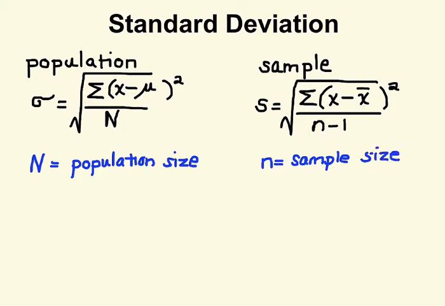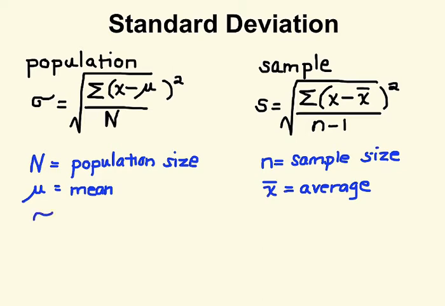In our population, mu is our average value, or I should write mean, which means average. That's our mean, the average for the population. And x bar is the average for the sample.